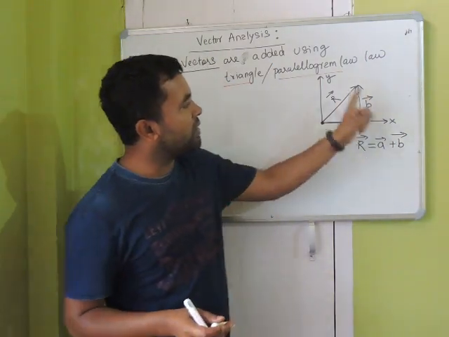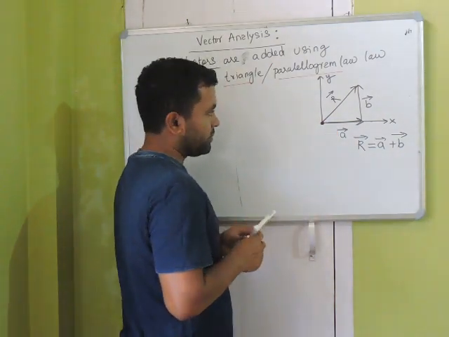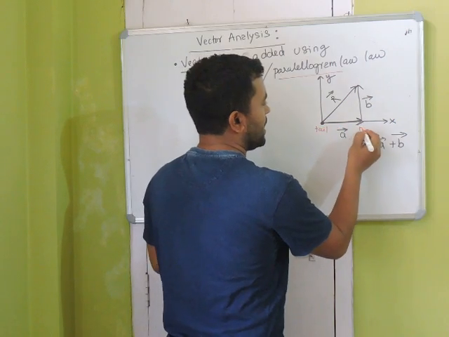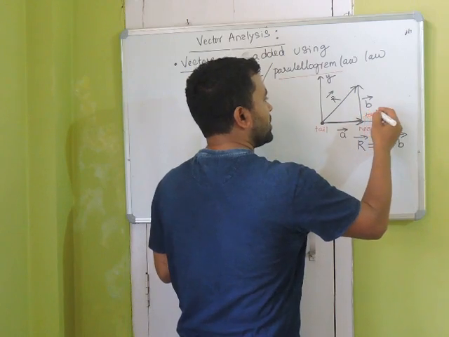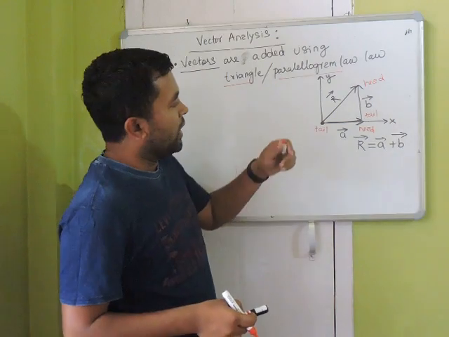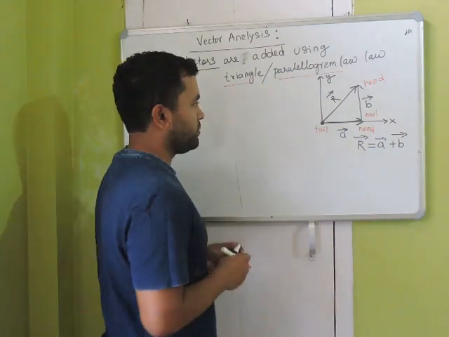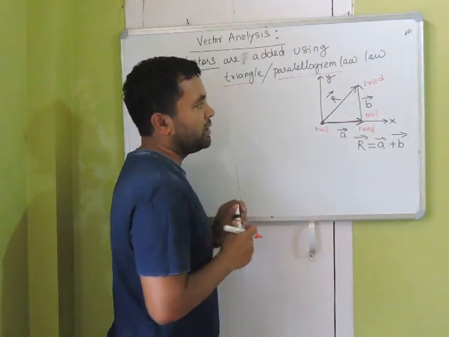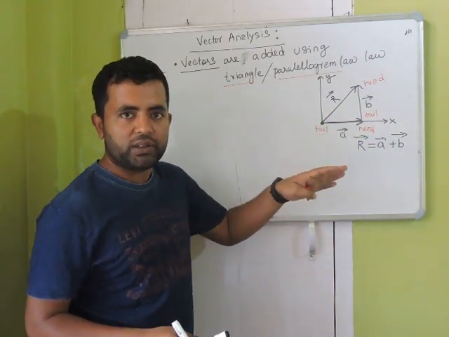Now how we have done this, if you pay attention, this is the tail of the first vector, and this is the head of the first vector. Then this is the tail of the second vector, and this is the head of the second vector. Now the triangle rule or parallelogram rule is this: if you arrange two vectors in such a way that they represent adjacent sides of a triangle taken in order.